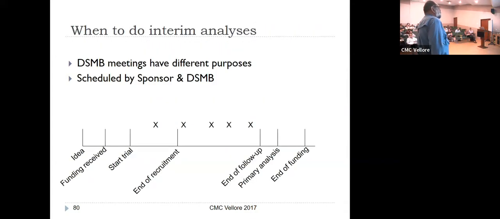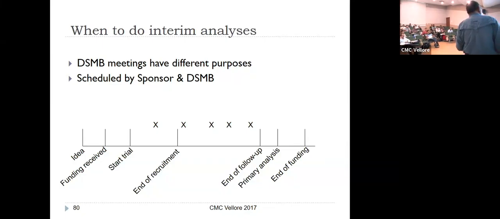So when do you do the interim analysis? Those things are thought about by the board members. Once you start your study after you get funding, and you start your study until the end of funding, sometimes they'll start it at the beginning of recruitment and they'll look at it during follow-up. But what they do here is just looking at the processes of recruitment, are they doing well, et cetera.